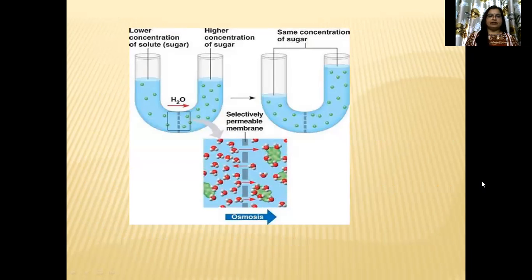In this diagram, we can see there is a lower concentration of solute or sugar on one side and a higher concentration of sugar on the other. Through the semi-permeable membrane, H2O, the solvent here, moves from lower concentration to higher concentration of solute.